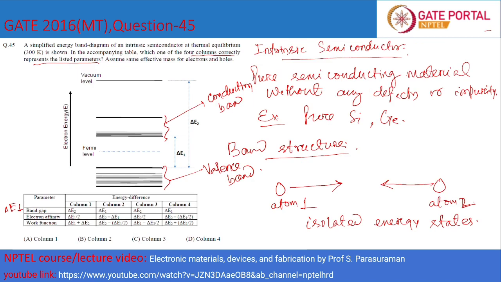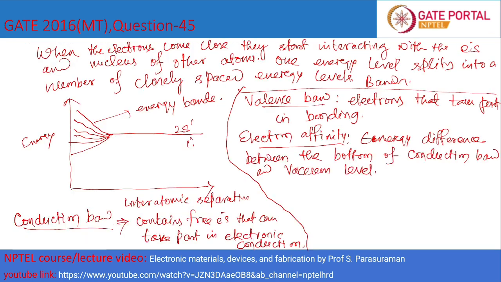In the question, delta E2 is the vacuum level energy, and this is the energy level corresponding to the bottom of the conduction band. So what will be the electron affinity? That will be delta E2 minus delta E1.